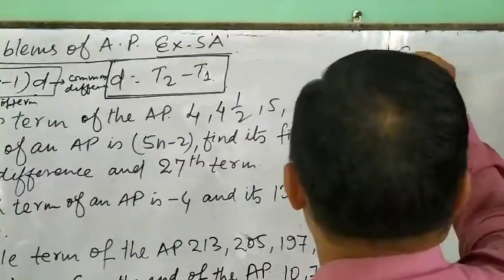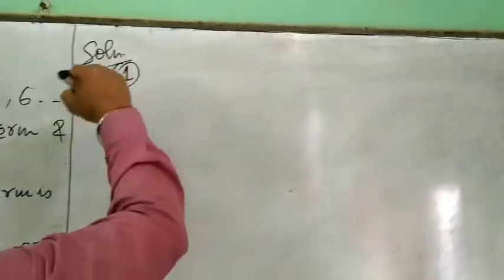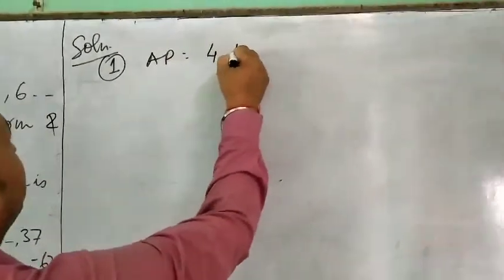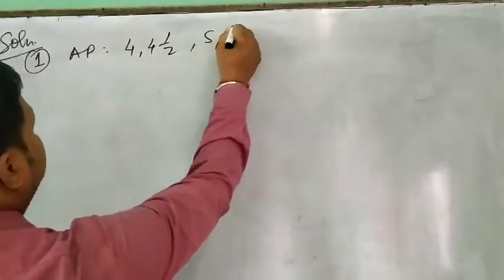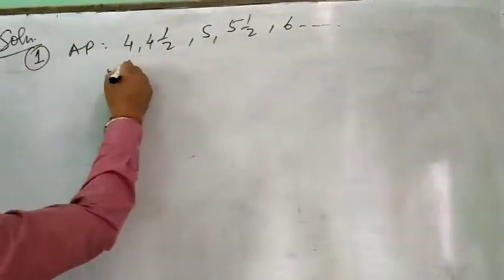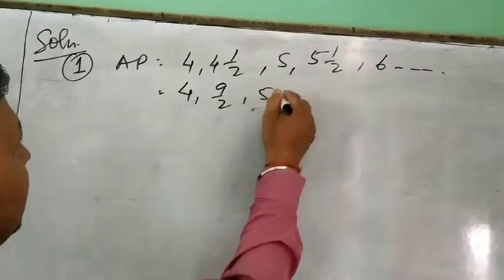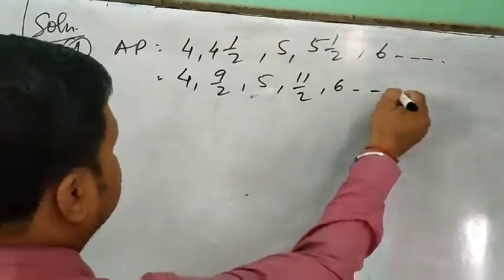Solution of your first problem: at first, the AP is 4, 4 times 1 by 2, 5, 5 times 1 by 2, 6 and so on. That means it should be written as 4, 9 by 2, 5, 11 by 2, 6 and so on.